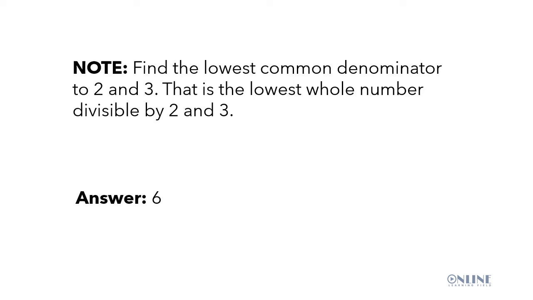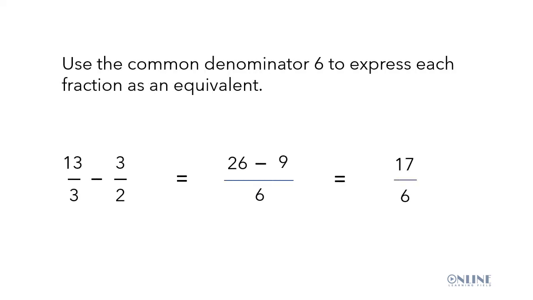To subtract 3/2 from 13/3, we need to find the lowest common denominator divisible by 3 and 2. That number is 6. Using 6 as the common denominator and the same subtraction method we used in other examples, 13/3 minus 3/2 will give 17/6.